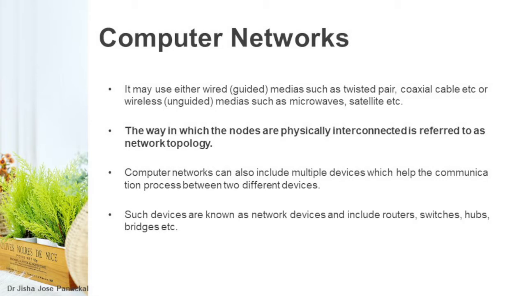Computer networks can also include multiple devices which help the communication process between two different devices. So there are other communication devices in computer networks that are called network devices, which include routers, switches, hubs, bridges, etc. But we are not going to study in detail about these devices.